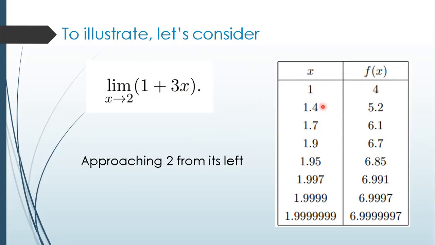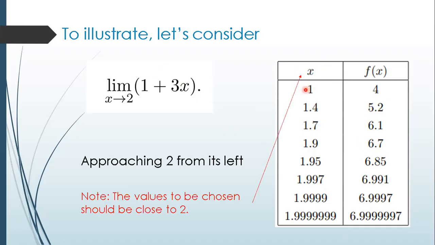If you would like to check the values of f of x here, 5.2, 6.1, and so on until 6.9999997, you can reevaluate them using your calculator by substituting the values of x into the given function. This is how the table of values looks.